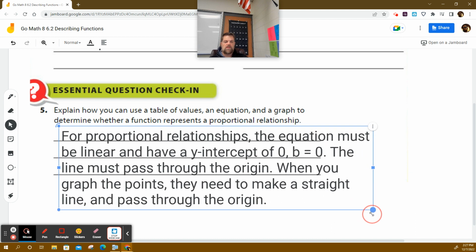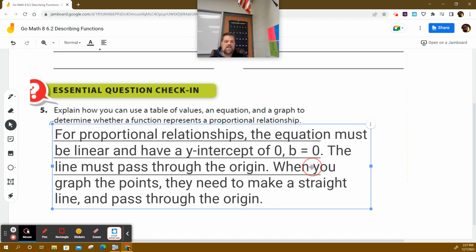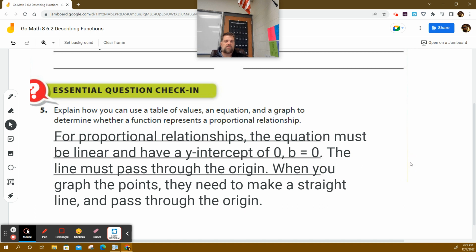That's how you know. You're going to plug the numbers in, see what you get. They're going to give you a bunch of x's and y's. You plot the x's and y's, connect the dots, and once you connect the dots, if it makes a straight line, awesome. Then we know it's linear. If it passes through the origin, then we know it's proportional.